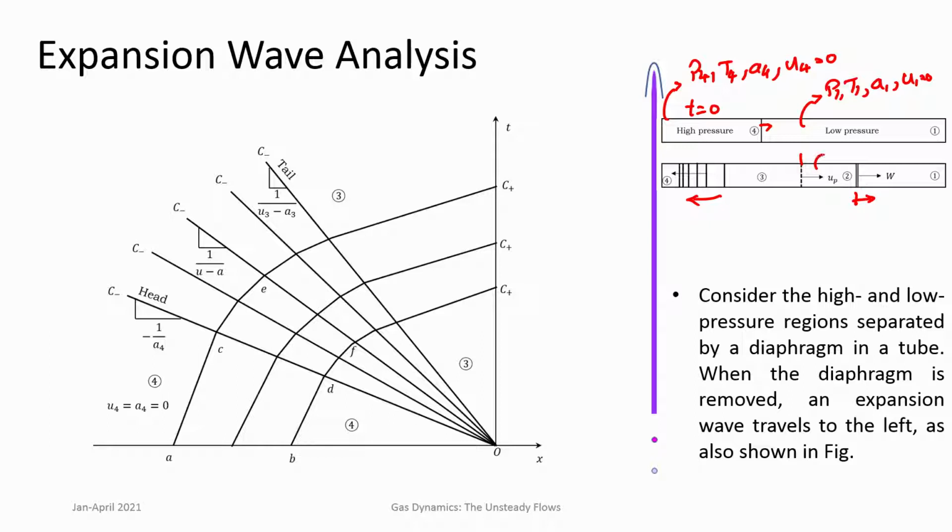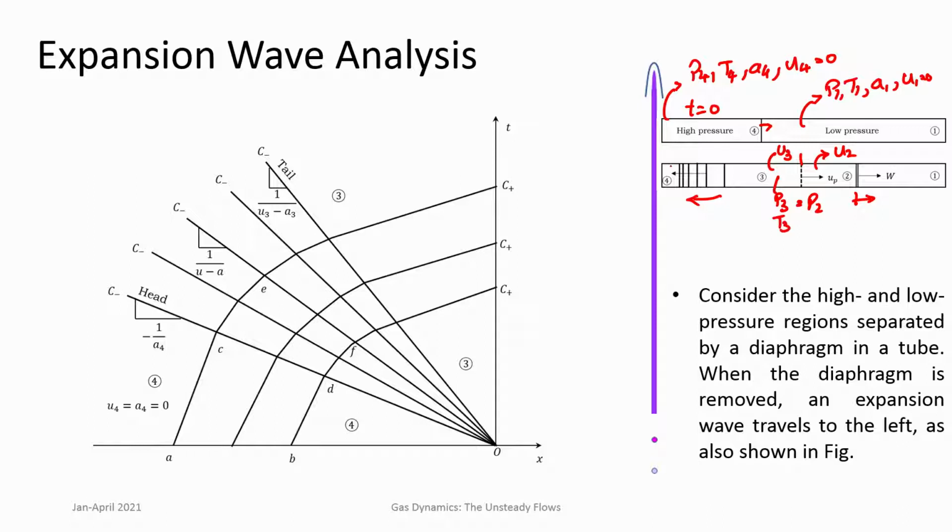The shock causes a mass motion which is u2, and across the contact discontinuity these two are the same: p3 equal to p2, u3 equal to u2. So velocities are the same. Here region 3 is a uniform region of u3, p3, T3.